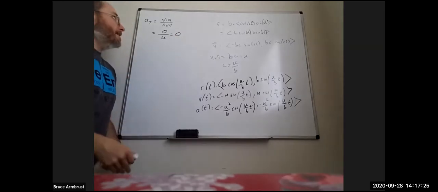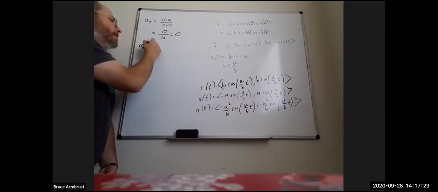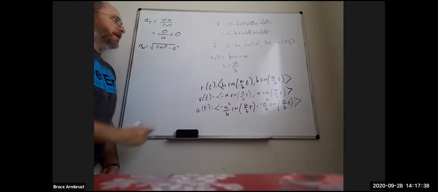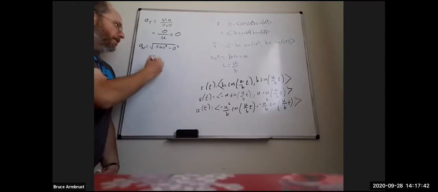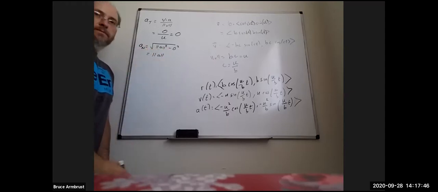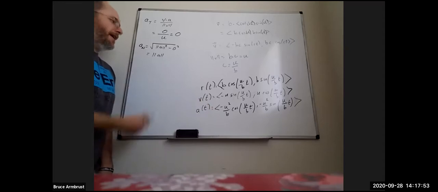Okay, so then that means a sub n, well, that's going to be the square root of the magnitude of a squared minus 0 squared, which means it's just going to be the magnitude of a. All right, well, let's get the magnitude of a.